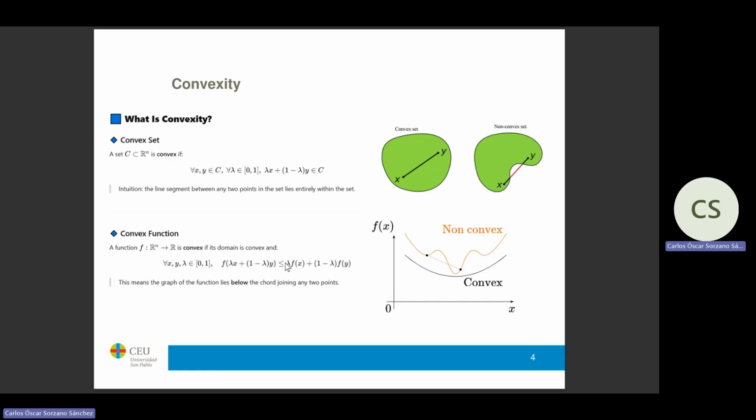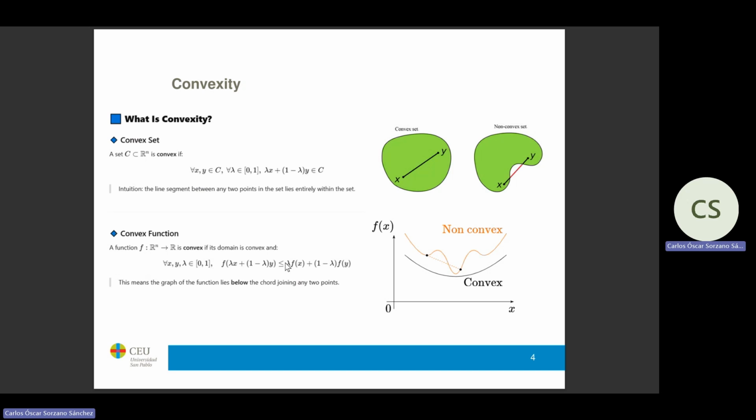Very good. Then we need to introduce convexity. So actually today we will only talk about convexity. So let us first define a convex set. You say that a set is convex if you take any 2 points in the set, you join them with a line, with a segment, and then the segment is fully contained in the set. So this is this segment.